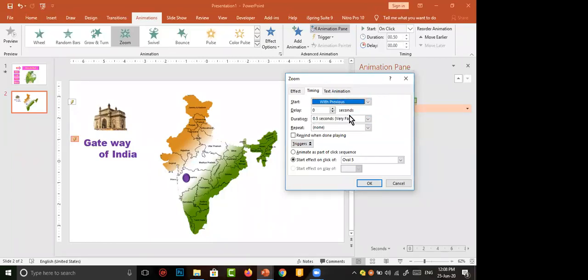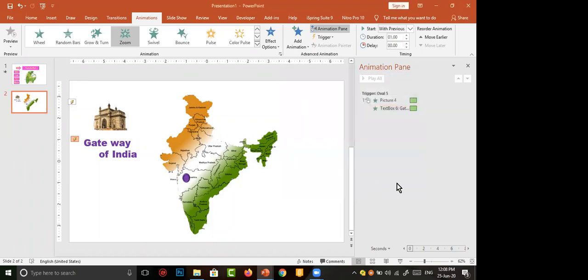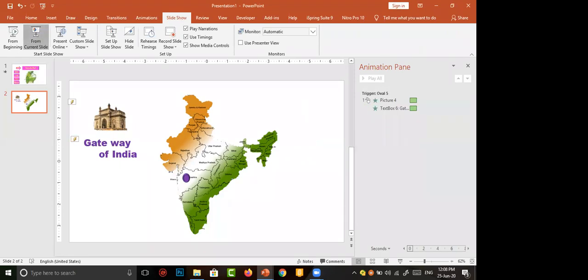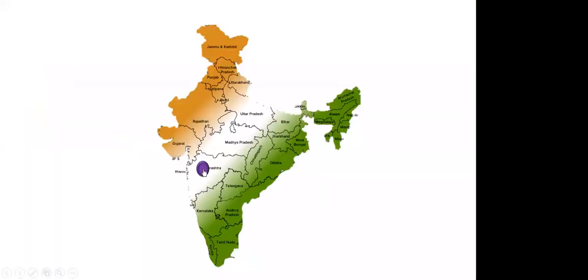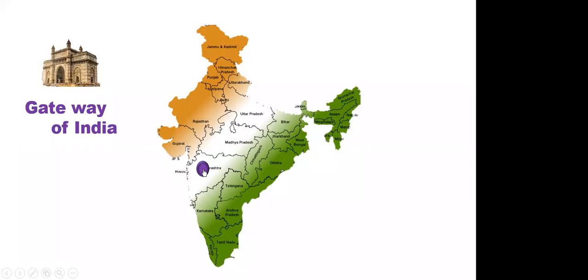With previous. I select 1 second. Then OK. Slideshow. From current slide.